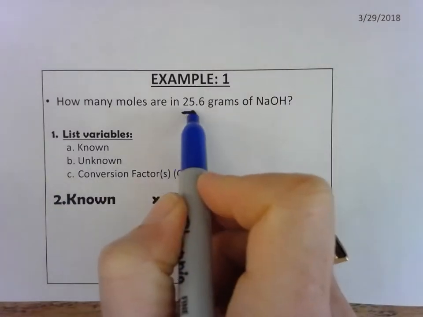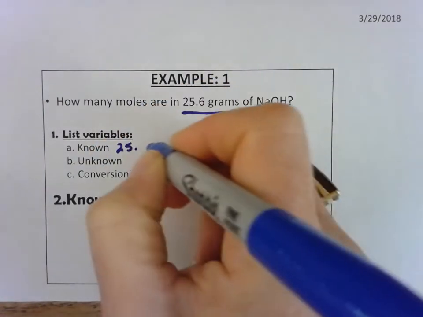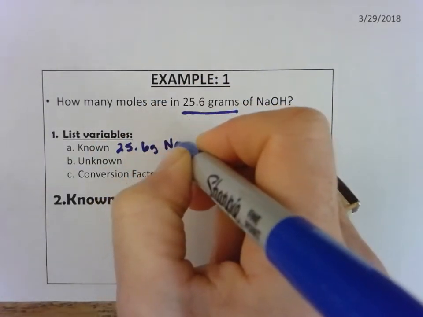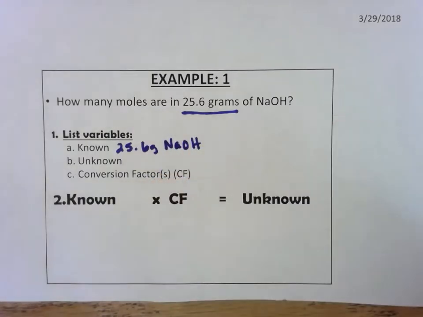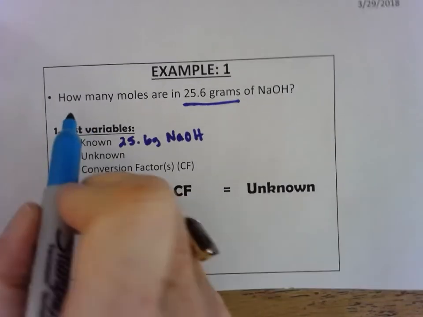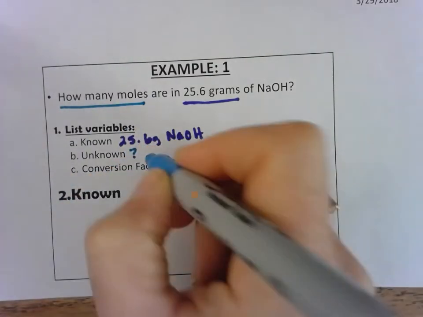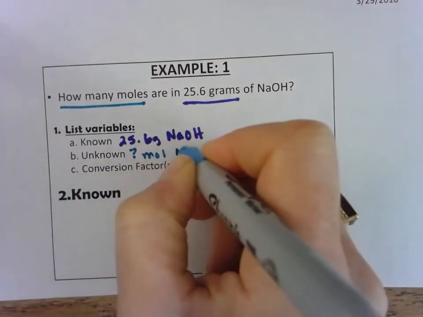So we have 25.6 grams of sodium hydroxide. The unknown is whatever we are looking for. So the question asks how many moles. So it's going to be question mark, mole, sodium hydroxide.